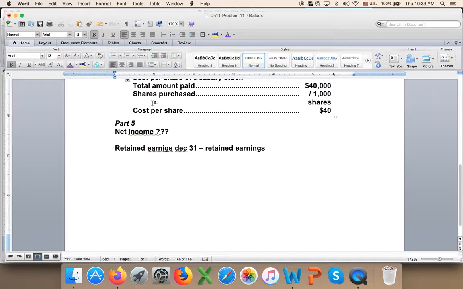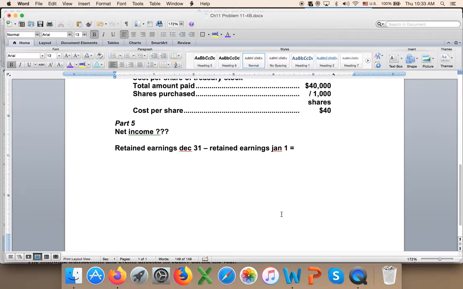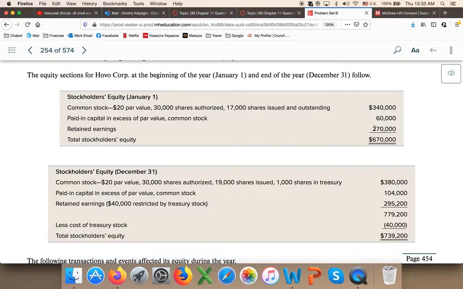There are different ways of calculating this, because net income is added into retained earnings. So how much has it increased? I'm going to take retained earnings from the end of the year, right here, 295,200, minus retained earnings from the beginning of the year, which is right here, 270,000.